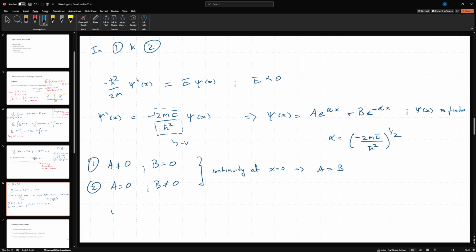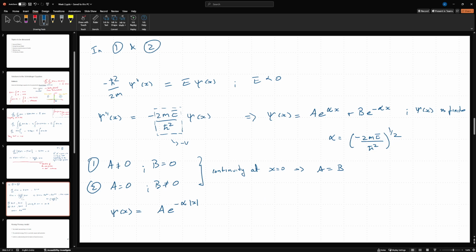That finally implies psi of x is equal to a e to the power, if a is equal to b, I can just replace that. And we also know from what we worked out last week that this solution can be written as e to the power minus alpha mod x.